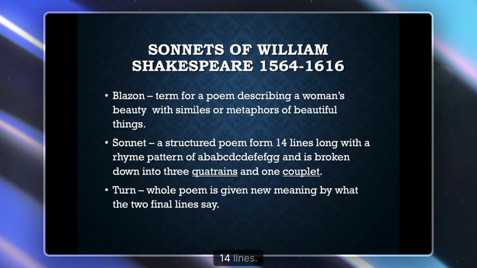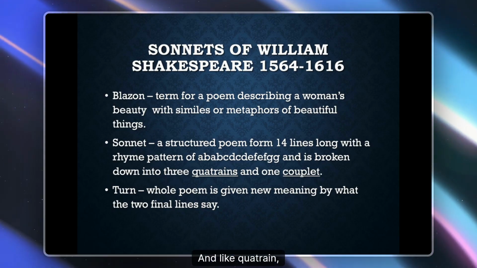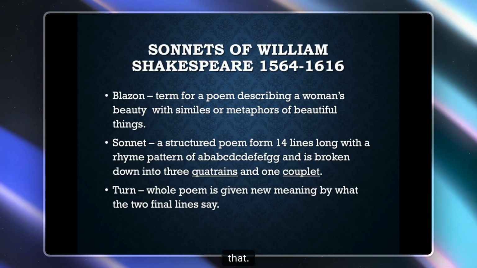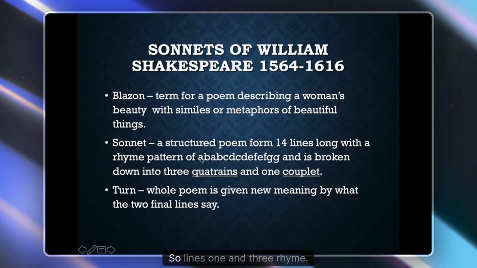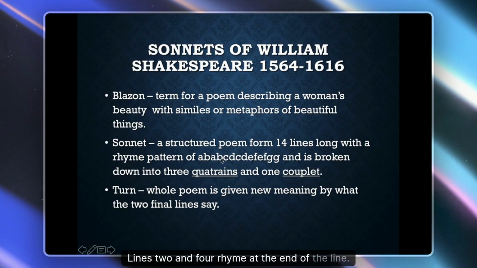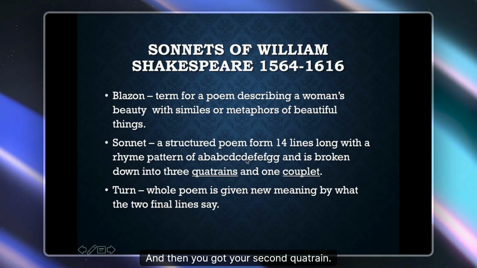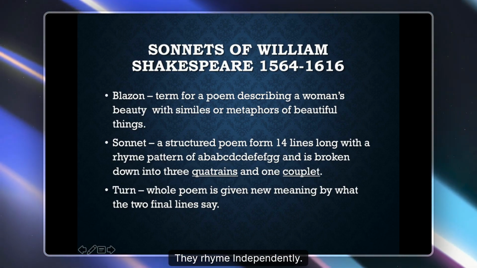All right, so a sonnet. Let's look at this. 14 lines. The structure is 3 quatrains, and like quarter, quatrain means 4 lines, okay? So you can see here A, B, A, B. So lines 1 and 3 rhyme. Lines 2 and 4 rhyme at the end of the line. And then you got your second quatrain, they rhyme independently. You got your third quatrain, they rhyme independently.